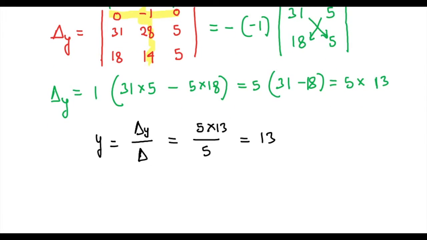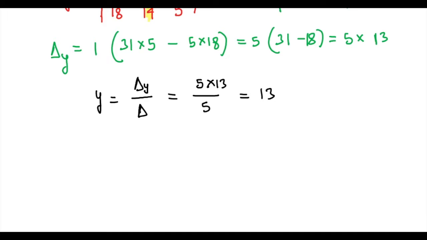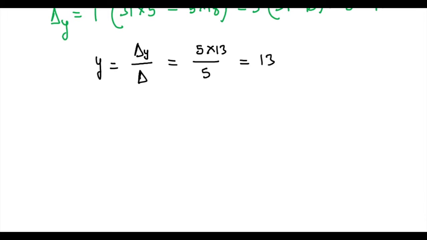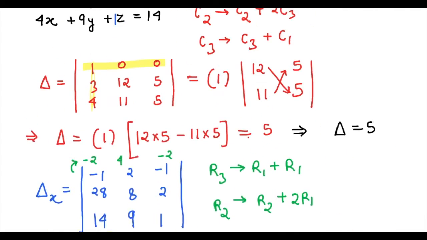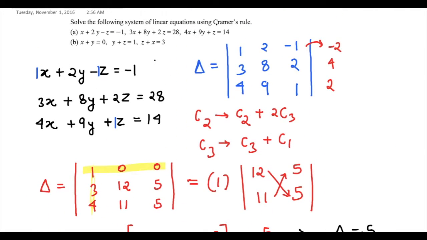In a similar way, we can find the value of z. So for that we have to find del z. When we write del z, we will not disturb coefficient of x and y. They are 1, 3, 4 and 2, 8, 9.